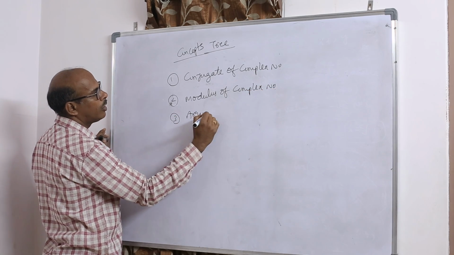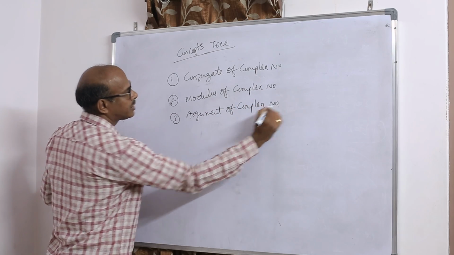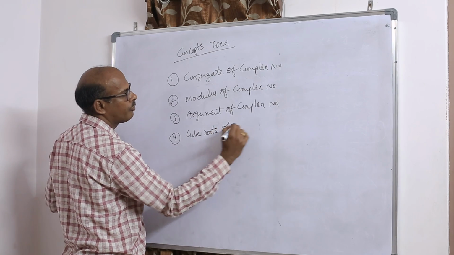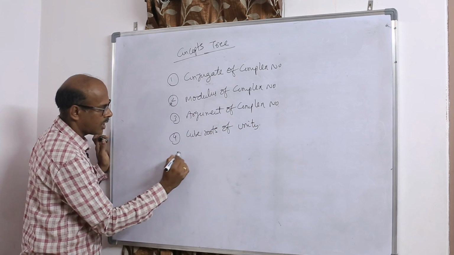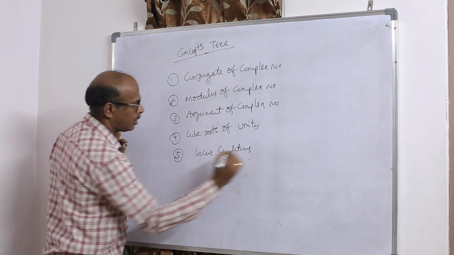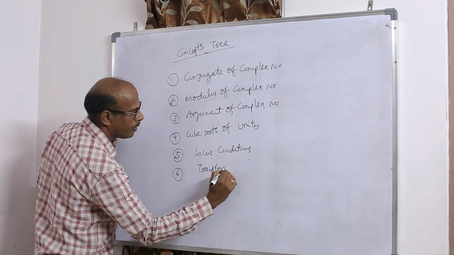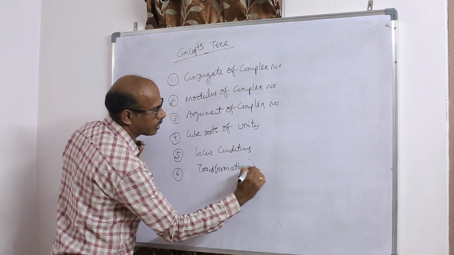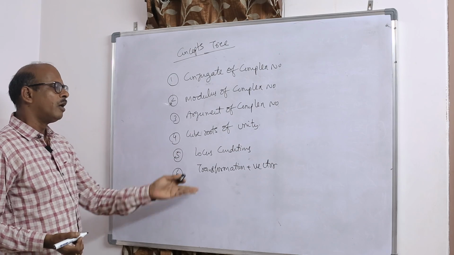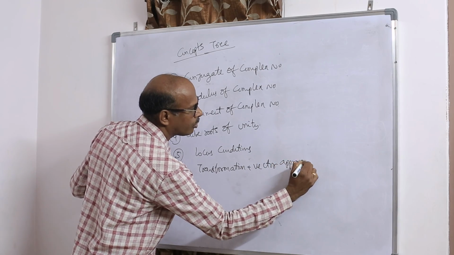Argument of complex number. Next, cube roots of unity. Next, various locus conditions. Next, transformation and vector approach. Complex number is not only an individual algebra topic; it may link with vector algebra and with geometry.